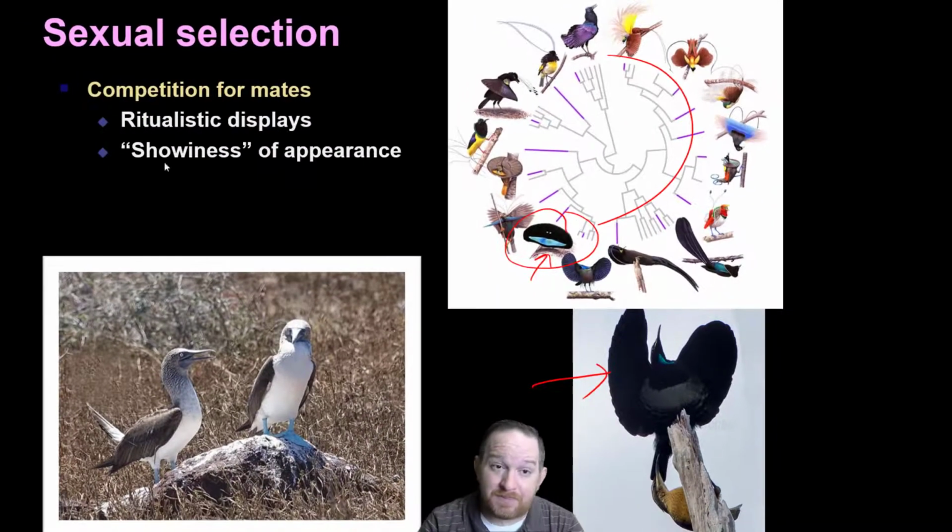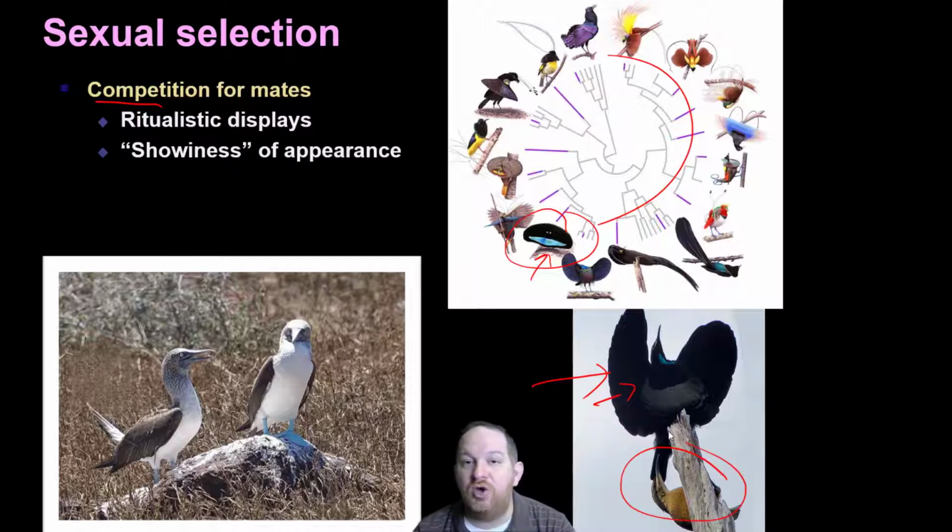Well, it's all about competition for mates. A lot of these birds that you see that are super colorful are the males of the species, and they're trying to attract the female of the species. So here's the male. Look at all this crazy stuff it's doing to attract the female.